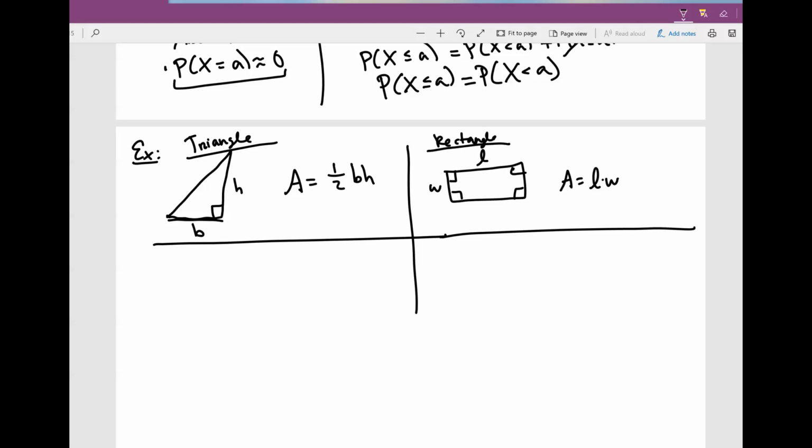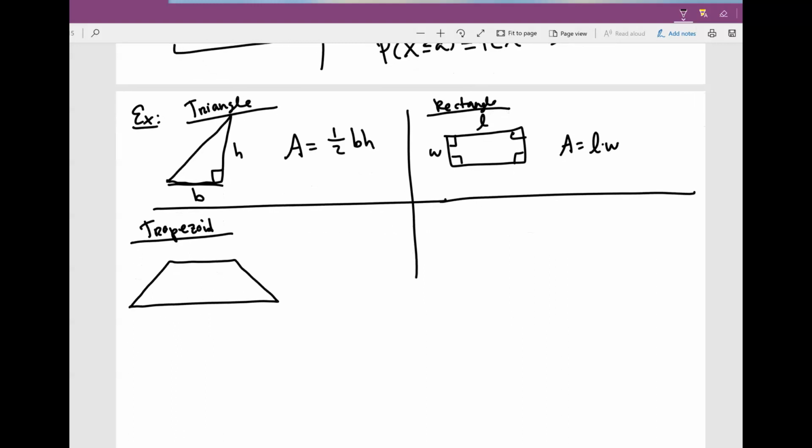Now, sometimes you'll find trapezoids. Trapezoids look kind of like this. Usually I will give you the formula, but I think it's best whenever you have a trapezoid to divide it up, because you can divide this into two triangles and one little box in the middle.